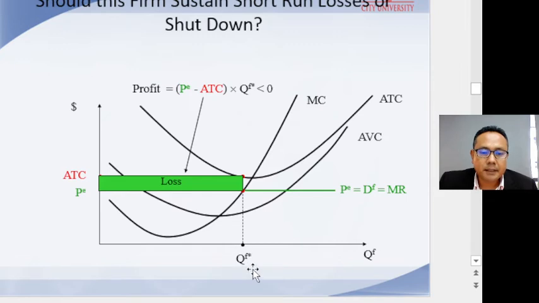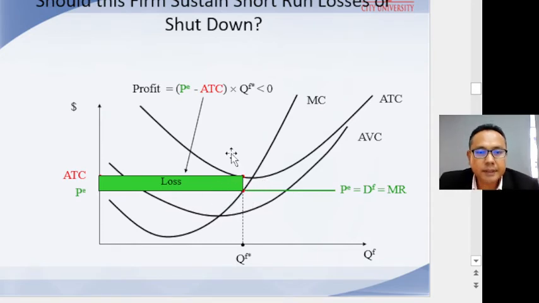Revenue divided by Q, right, R divided by Q. So that's the average total cost, and it's above the price equilibrium here.